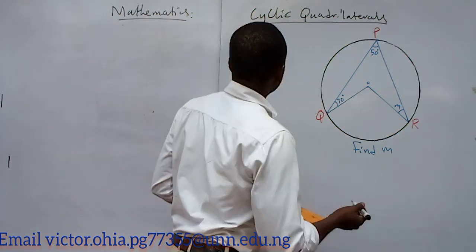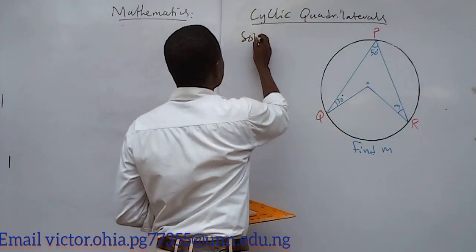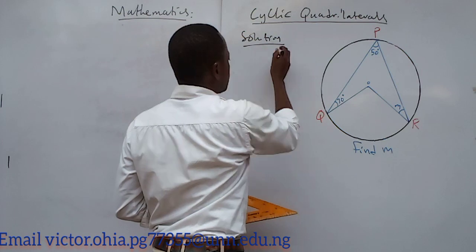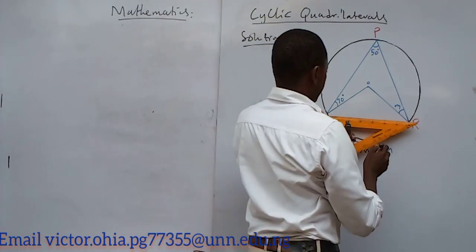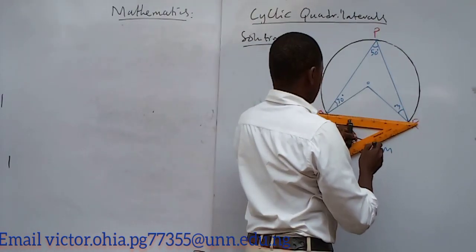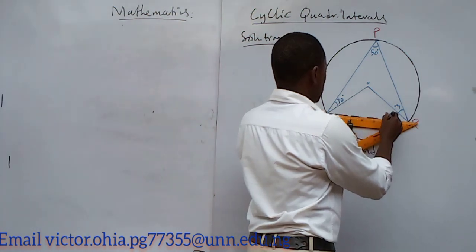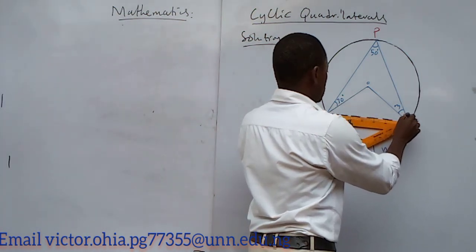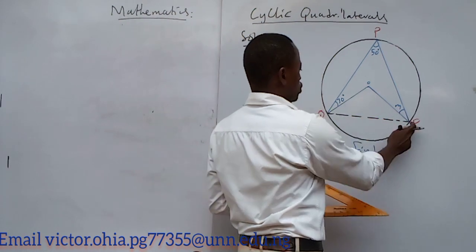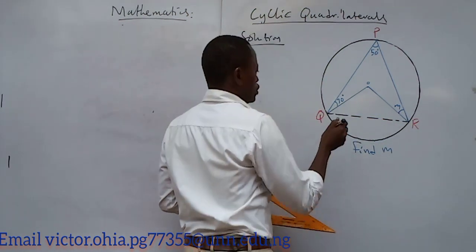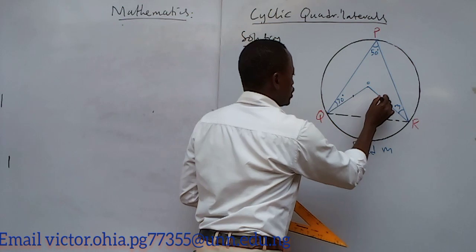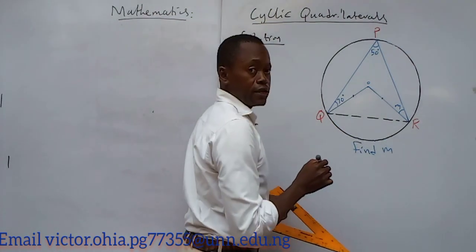Now, solution. I put up a line here that will join Q to R. Take note that QO and RO are radii.